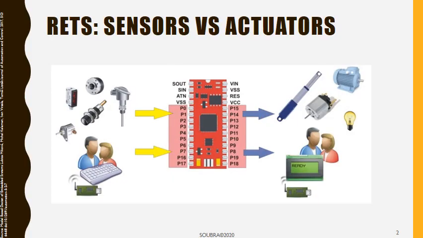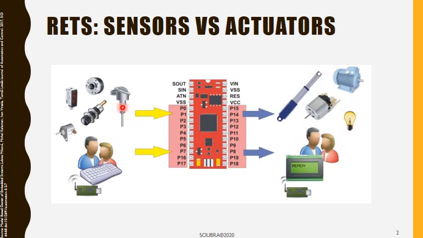So in this lecture, I've discussed that the embedded system is actually the computer that deals with the information that we're acquiring from the environment, and it sends some commands and deals with the environment using different equipment.